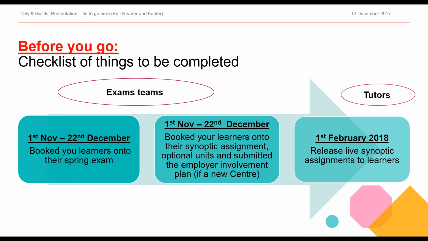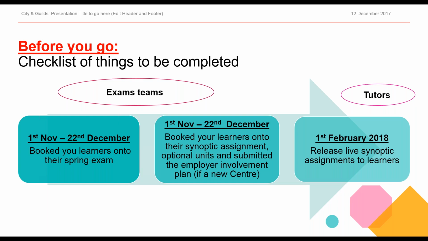You can email our moderation support team and that can be changed. Okay, so it's not written in stone, but you do need to indicate to us at the moment which one you're intending to offer.